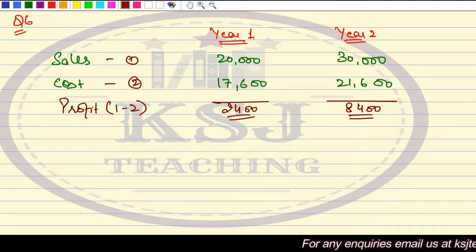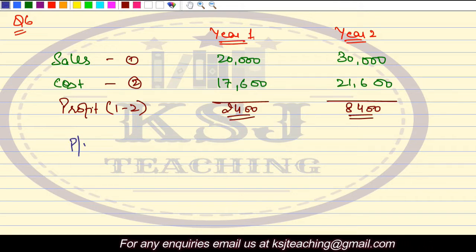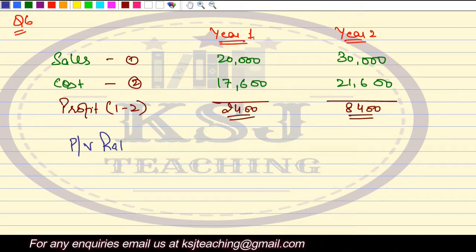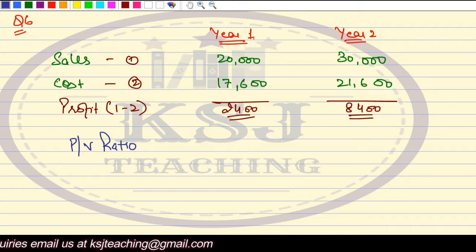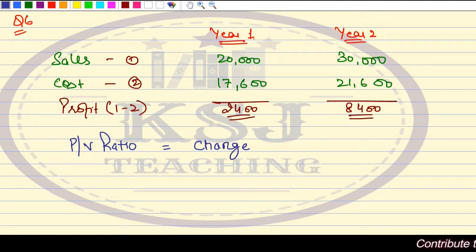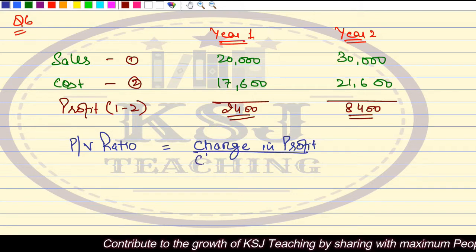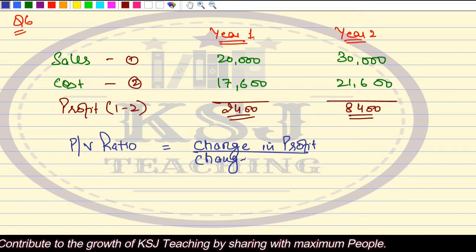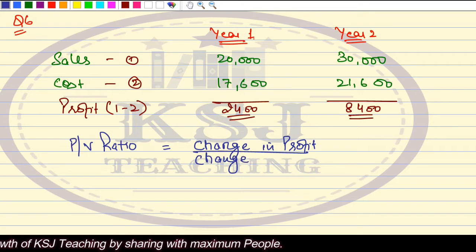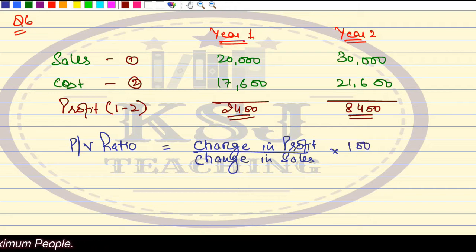Absolutely yes, sir. We can calculate PV ratio from here. So the first step will be to calculate PV ratio. PV ratio is change in profit due to change in sales, so divided by change in sales, multiplied by 100, right?